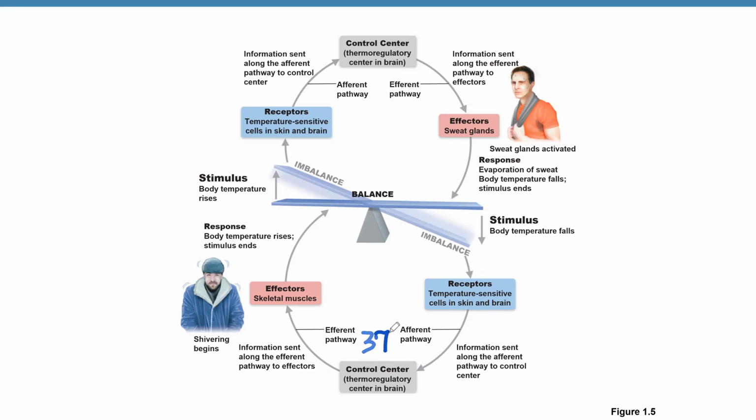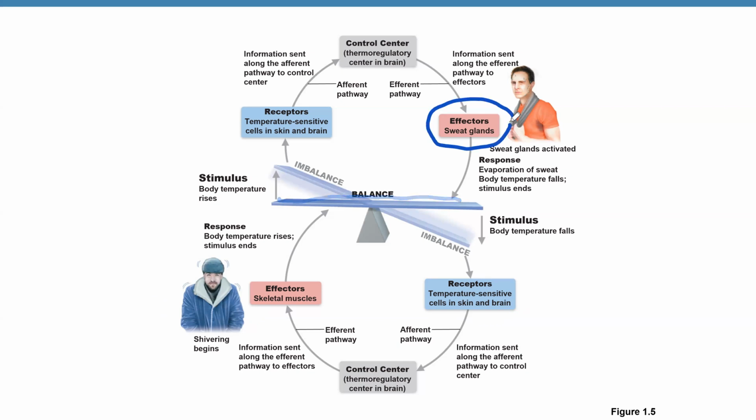Is it 37 or is it below it? It sends information through the efferent pathway to effectors. But look, in this situation, effectors are skeletal muscles. So you start shivering and it will warm you up. So body temperature rises and the stimulus ends. So you're back to homeostasis.